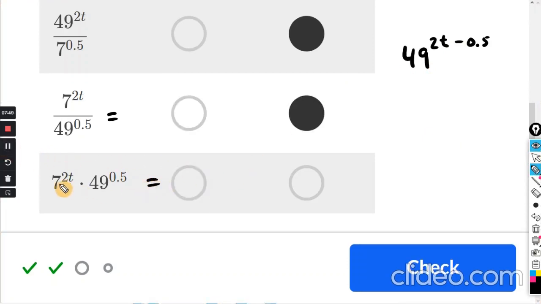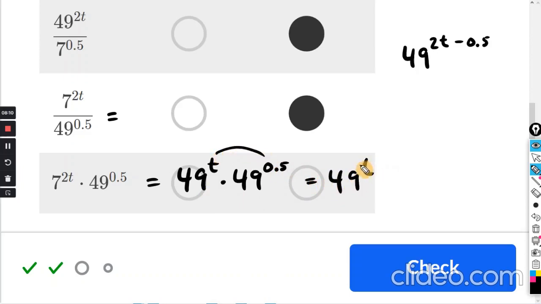All right, let's see. 7 squared is 49, so that's 49 to the t times 49 to the power of 0.5. Since the 49s match, we keep the 49 and we just add the exponents, t plus 0.5. That does not match what we have, so that is not equivalent.